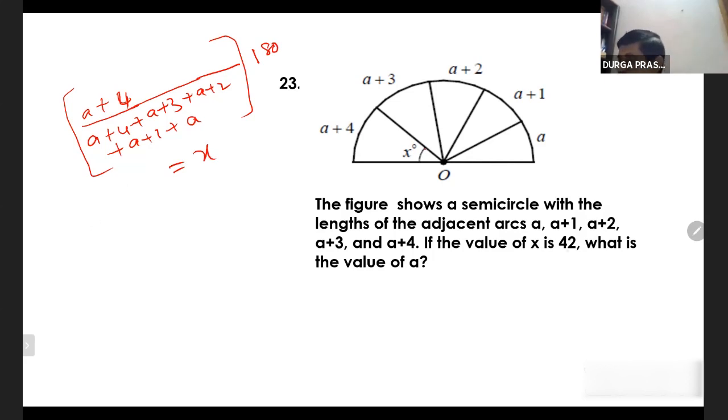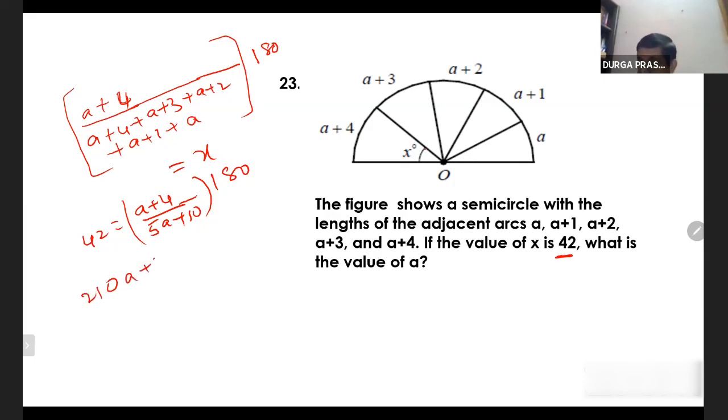Now, x is what here according to this? 42. So 42 equals a plus 4 by total, 1, 2, 3, 4, 5, 5a plus 1 plus 2, 3, 3 plus 3, 6, 6 plus 4, 10, into 180. So now we cross multiply. 42 into 5a, 5 twos are 10, 5 fours are 20, 210a plus 42 into 10 is 420 equal to 180a plus 4 into 180, 4 eights are 32, that is 720.